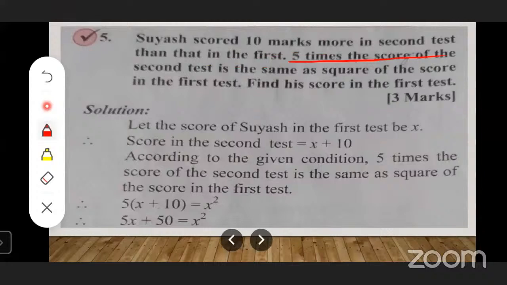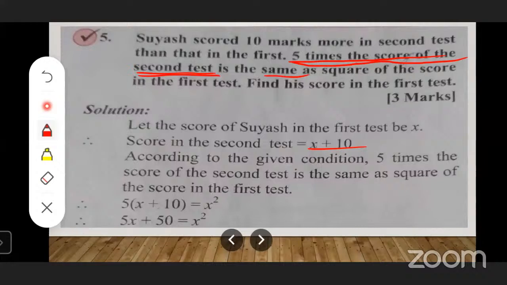Now let us concentrate on the next line. 5 times the score of the second test. What is the score of the second test? X plus 10. What is 5 times the score of the second test? 5 into X plus 10. Right? Now read this line very carefully. 5 times the score of the second test is same. Same means equal to the square of the score in the first test.